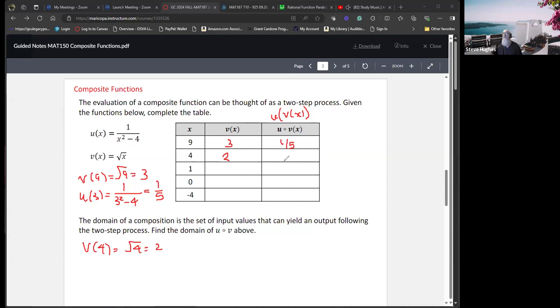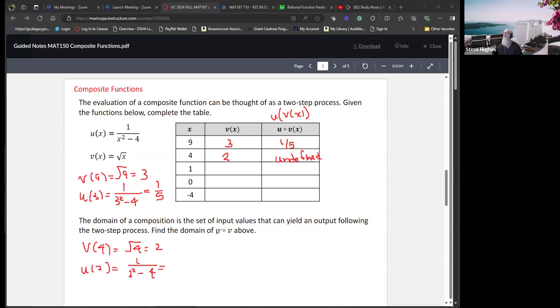Now, next, what is u of 2? That's the next step. What is u of 2? 1 over 2 squared minus 4, which is undefined. All right, very good.